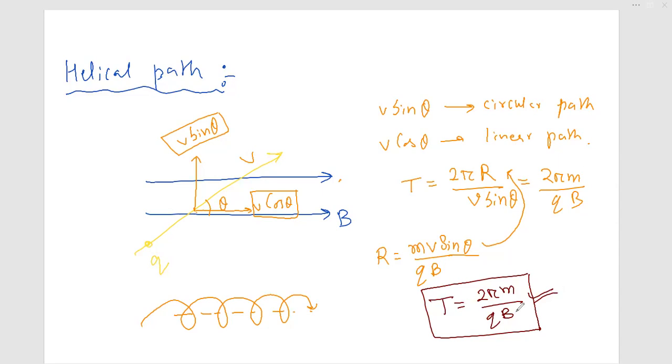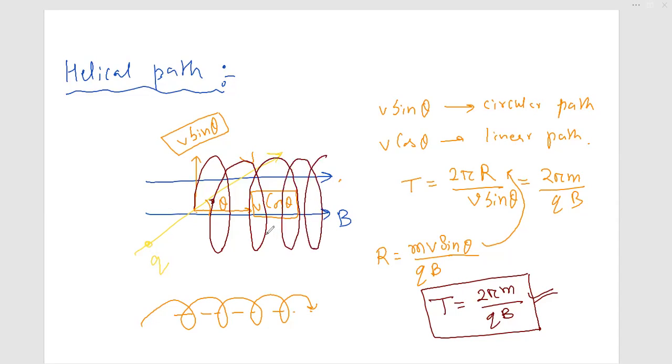Okay. Now this is the time period. It is that time during which the particle is completing one rotation. But by the time it completes one rotation, it will move in linear path also. So we will find out what is the distance moved by the charged particle along the direction of magnetic field in one time period, and that distance is called pitch.